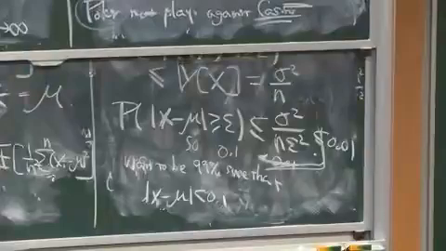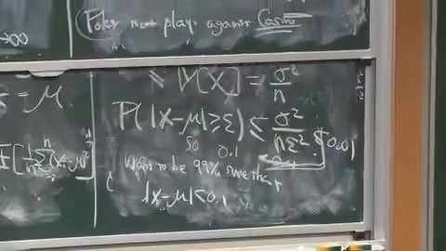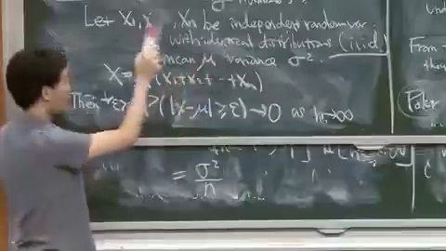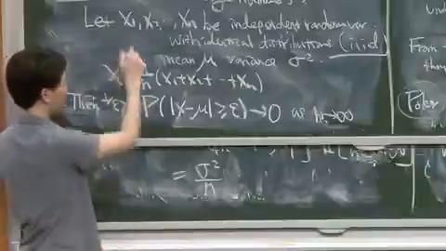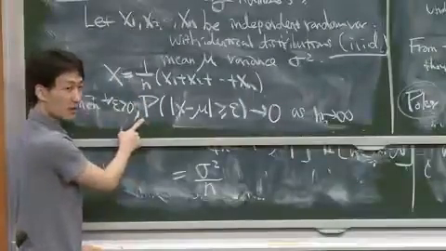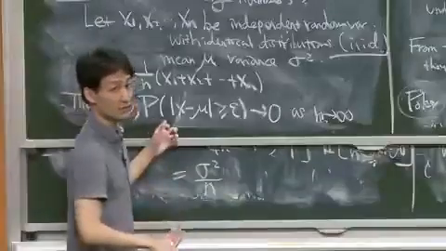Okay, so one more thing. For those who already saw law of large numbers before, as the name suggests, there's also something called the strong law of large numbers. In that theorem, your conclusion is stronger. Okay? So the convergence is stronger than this type of convergence.